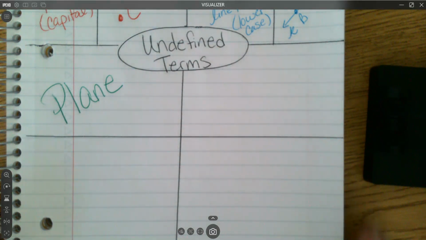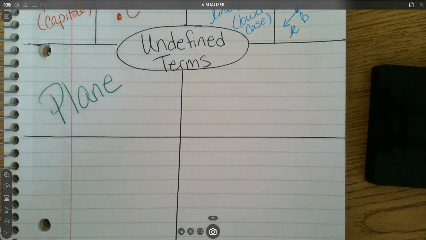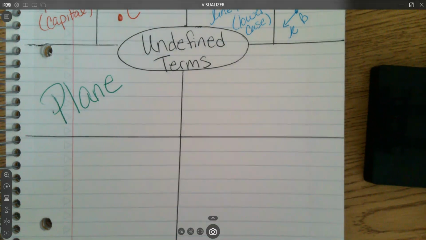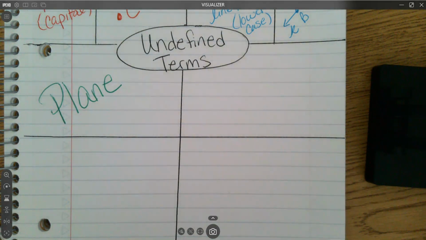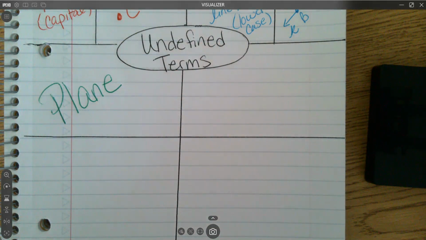So you're going to notice why we have to have these 3 terms to then be able to say, well, what if I just cut my line in half? Oh, now I have a ray. Or what if I just take a chunk out of the line, just a little piece right here? That's a line segment. So this is like the building blocks.